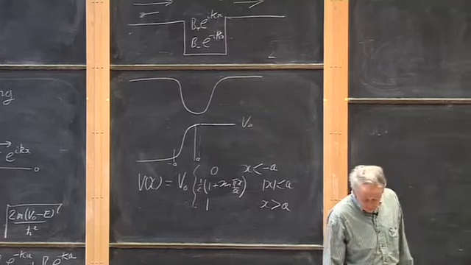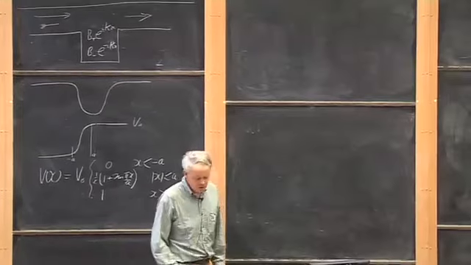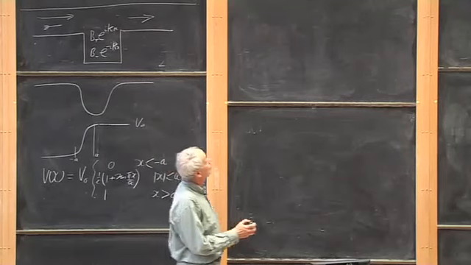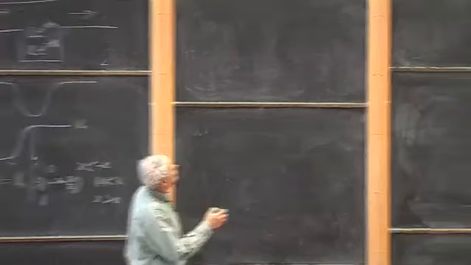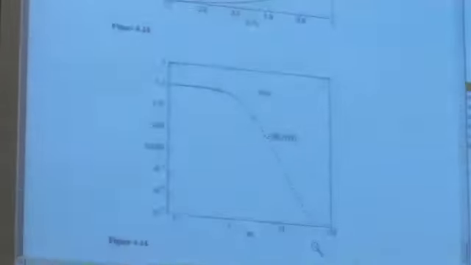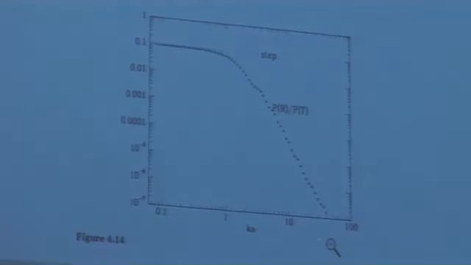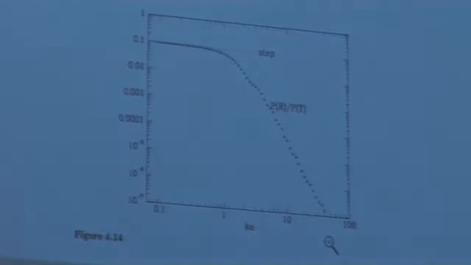To solve the time-independent Schrödinger equation numerically, there's a problem describing how to do it, certainly in the book, possibly in a problem set. And what do you find when you do it? You get this kind of curve here. This is the reflection probability as a function of Ka. This was what I did for an energy E equal to 0.7 V0.